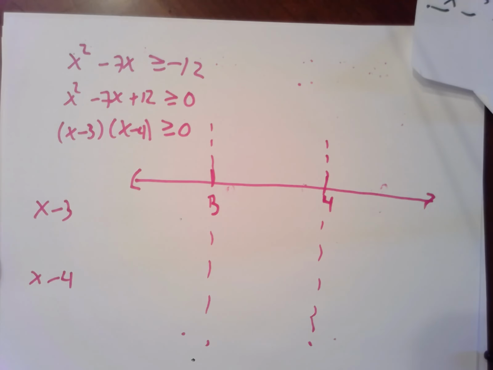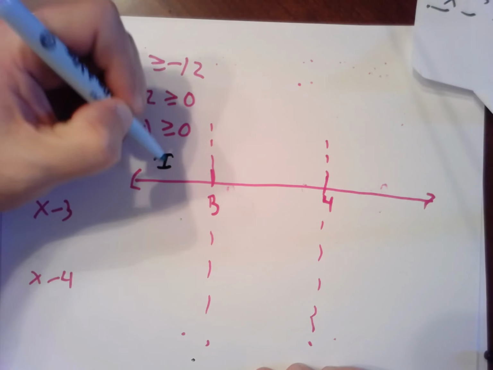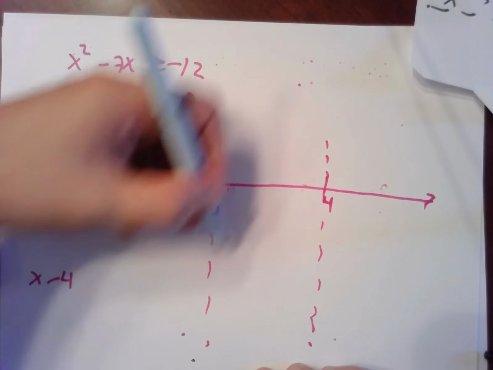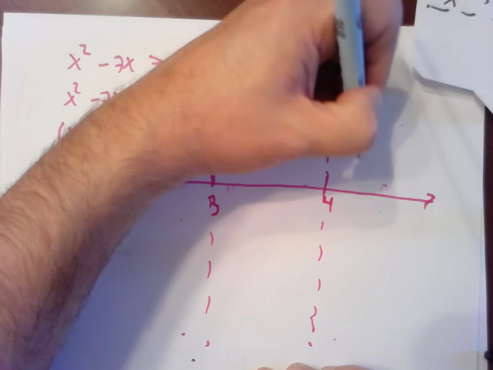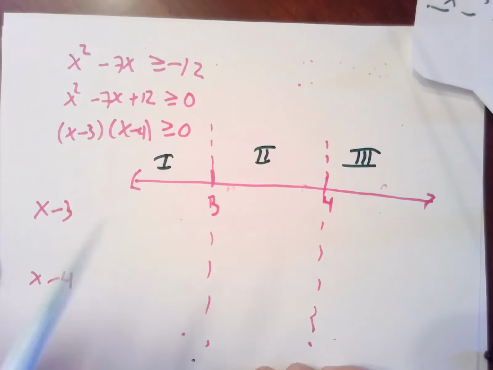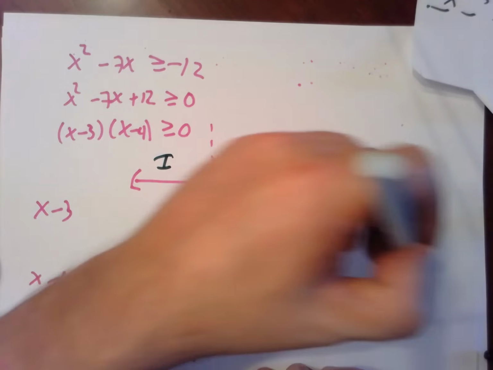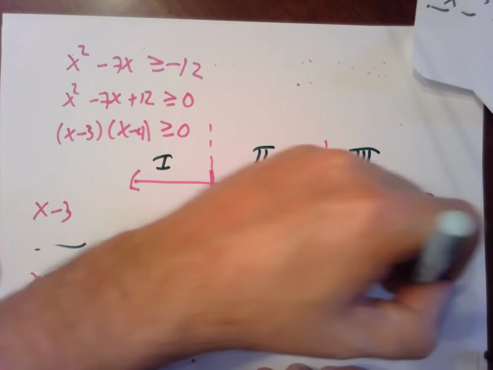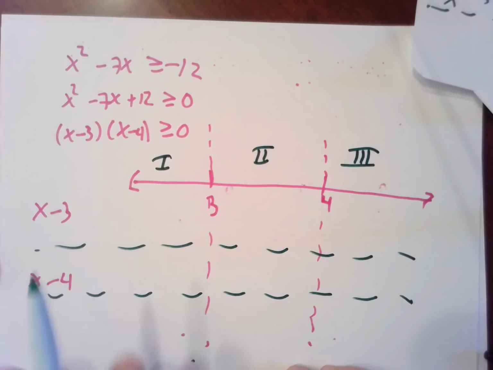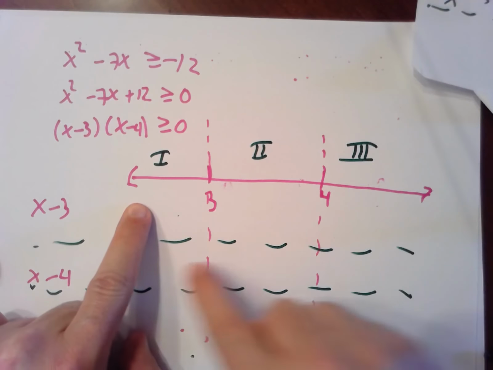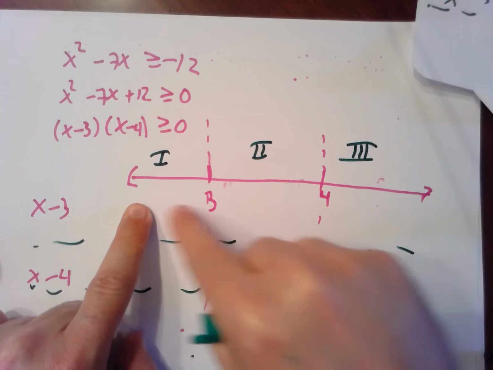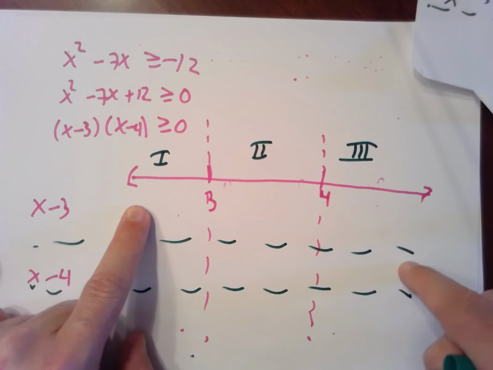So we've got a few different regions here. Don't forget about this region back here. Sometimes this one gets forgotten. Everything here. Everything here. So I've got 3, 4, 5, 6 different pluses or minuses I have to put in.